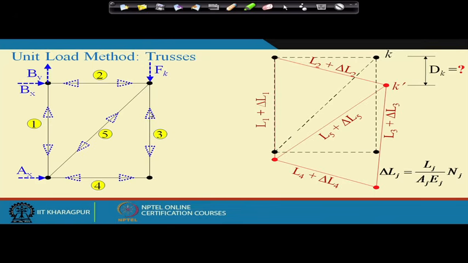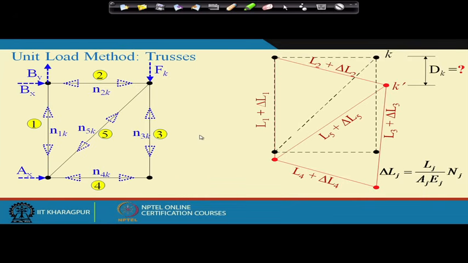Suppose these are the internal forces in the members, and these internal forces are denoted as small n, the internal forces in the member due to the virtual load at K. So, n1K is the internal force in member 1 due to virtual load Fk, and similarly n2K is the internal force in member 2 due to virtual load Fk, and so on.